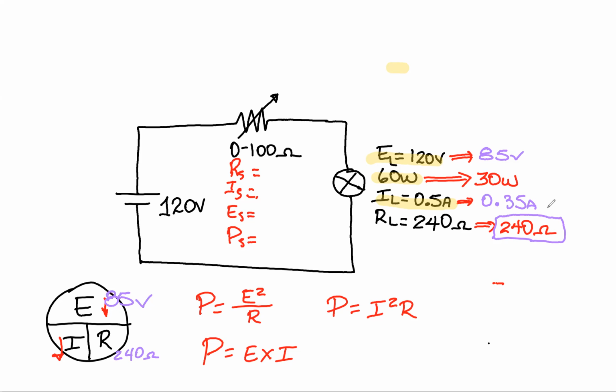Okay, so now that that is clear, remember that this is a series circuit, and in a series circuit we have something which is called a closed loop. On this closed loop, if we have 0.35 amps on this light bulb, because this variable resistor is connected in series with the light bulb, this variable resistor has 0.35 amps as well.